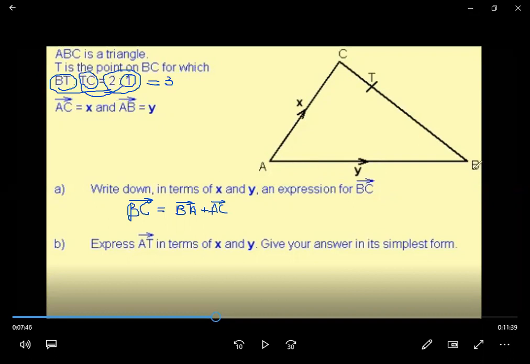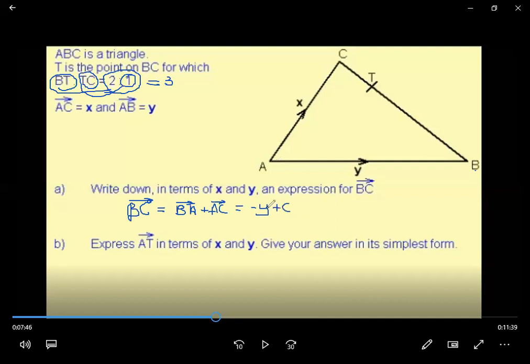So because we're moving from B to A, which means we're going in the opposite direction of the arrow, this would have been negative Y. So whenever we are moving in the opposite direction of the arrow, the sign of the vector changes. Now in this case, you're moving in the same direction of the arrow, so the sign remains the same.